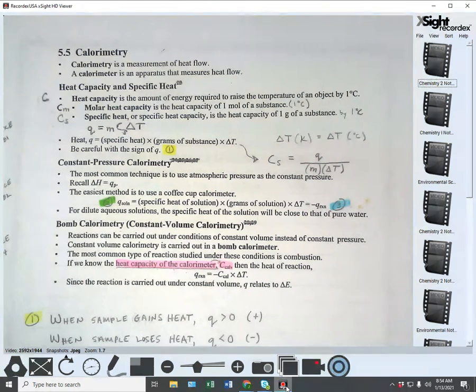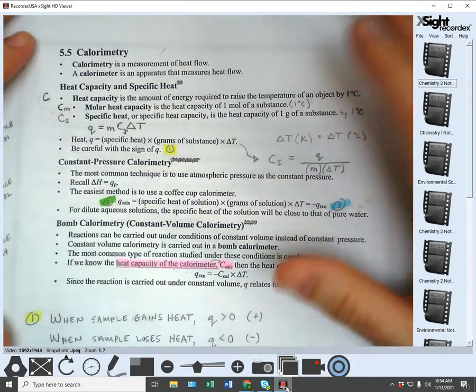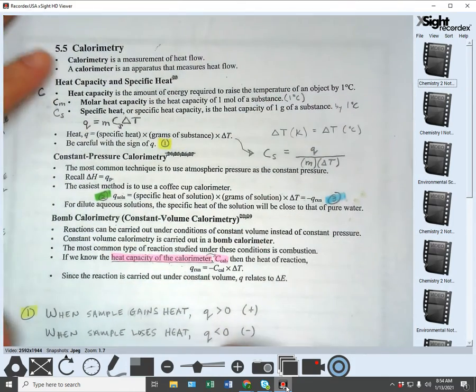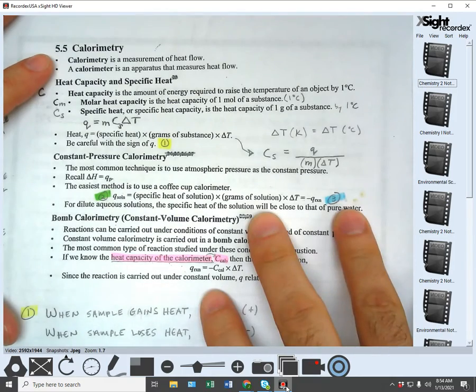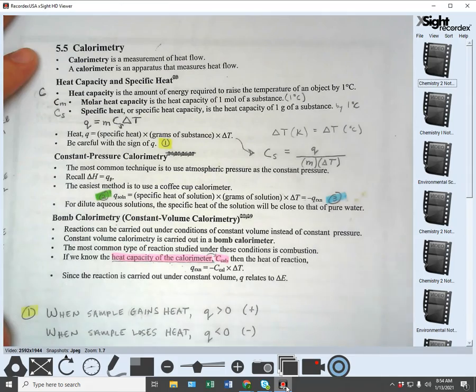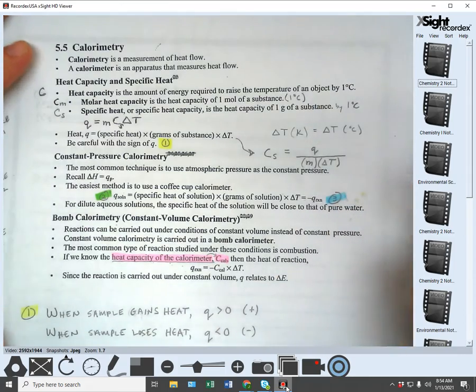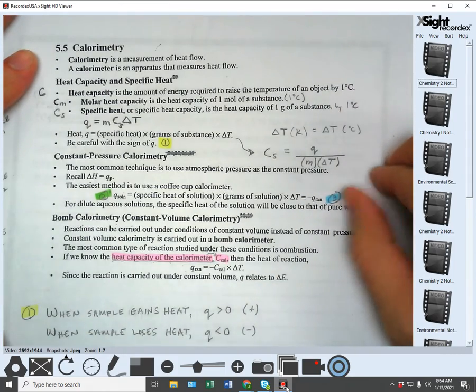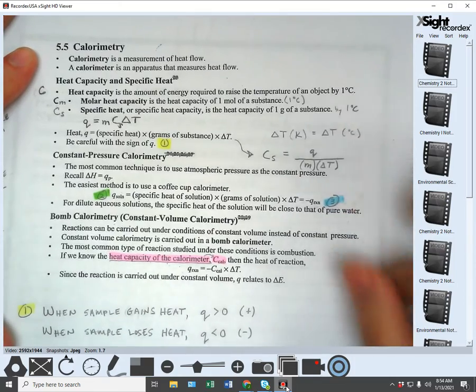But in order to keep the video somewhat reasonable, I'm going to split it up. I'm going to go through the info on this page first, and then I'm going to do a separate video for the sample problems that go along with each section. Okay? All right, so calorimetry.